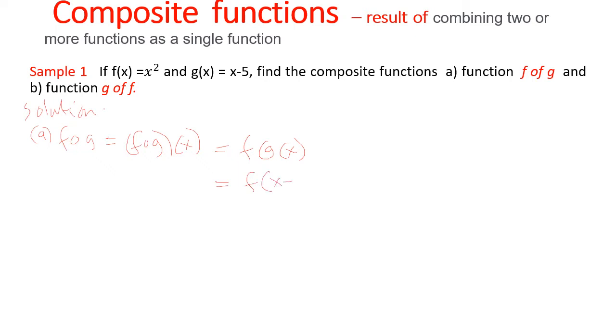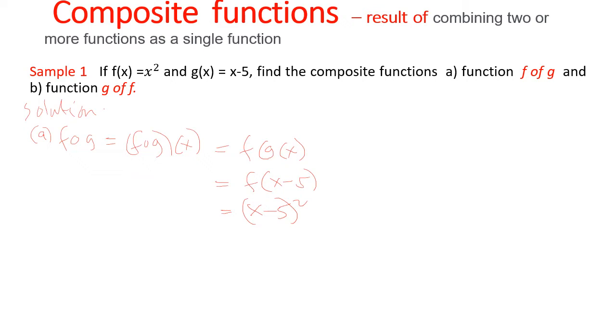Your g of x is x minus 5, so this is equivalent to x minus 5 squared. The x squared becomes x minus 5 squared.